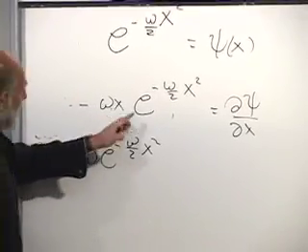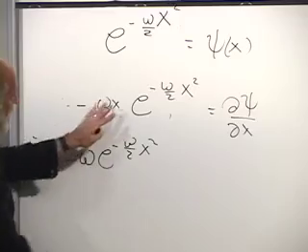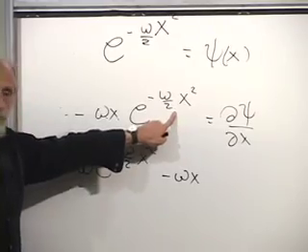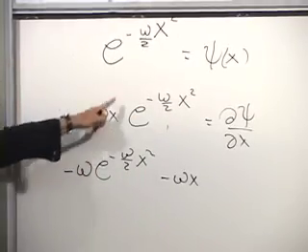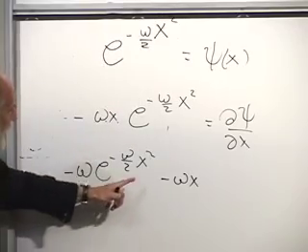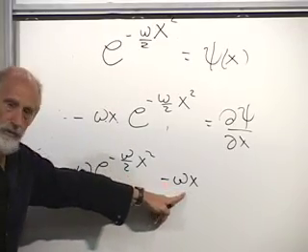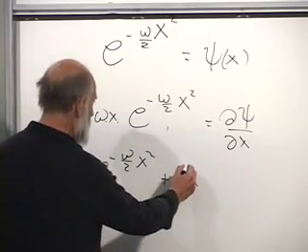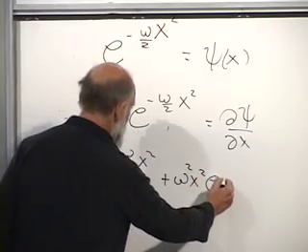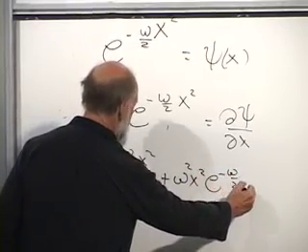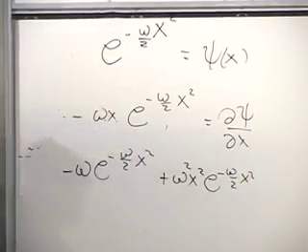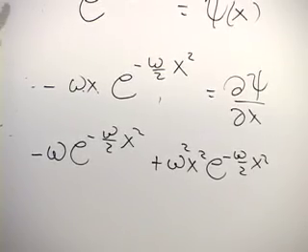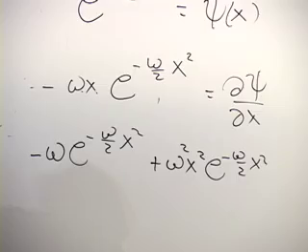What happens if I differentiate the other factor? The other factor will give me minus omega x, and then the derivative of this with respect to x. But we've already figured out what the derivative of this is. It's just multiplication by minus omega x. So that gives us, I think, plus omega squared x squared times e to the minus omega over 2 x squared. That's the second derivative with respect to x squared.